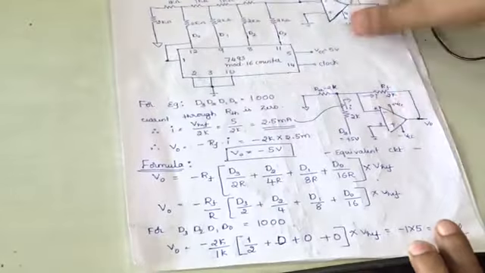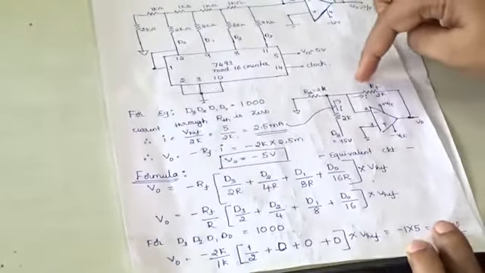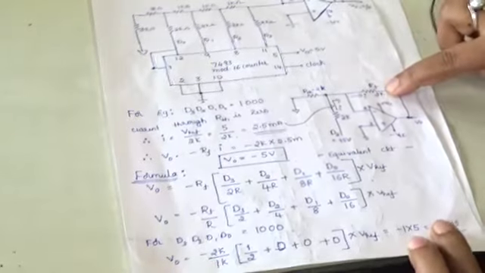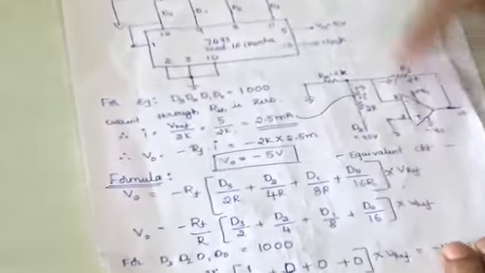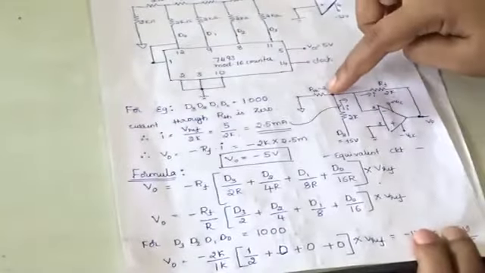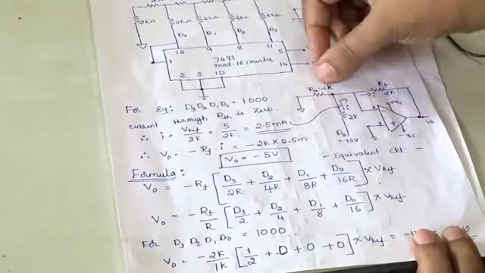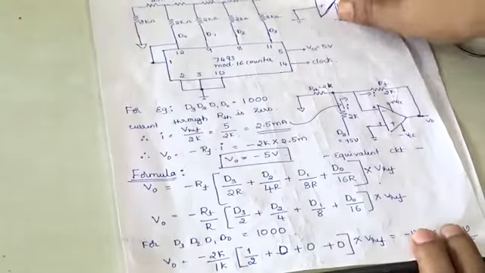So what is the equivalent circuit of that? This is the equivalent circuit. See here, the feedback resistor is here, and the entire R2R network is replaced by this RTH. How did we obtain this RTH as 2 kilo ohm? I have explained it in the next figure.